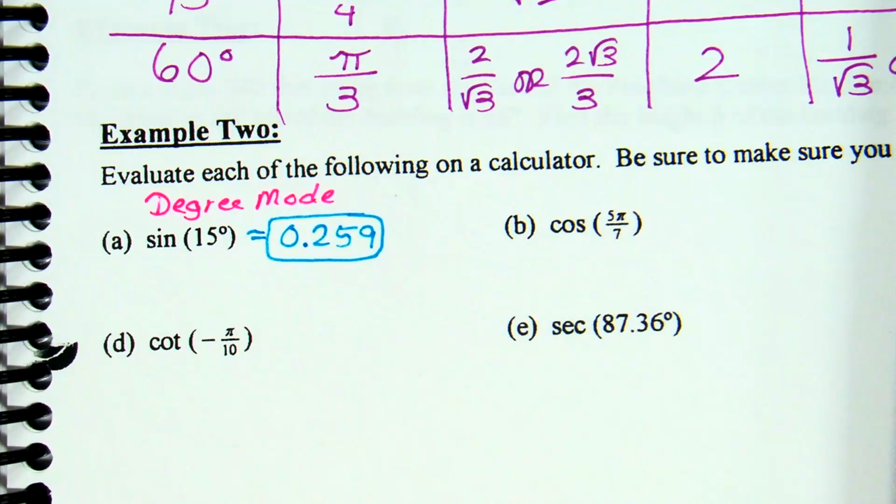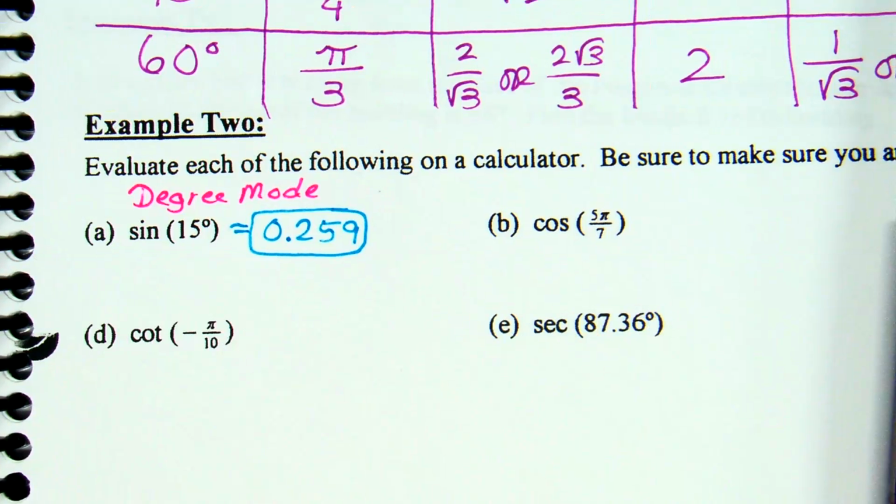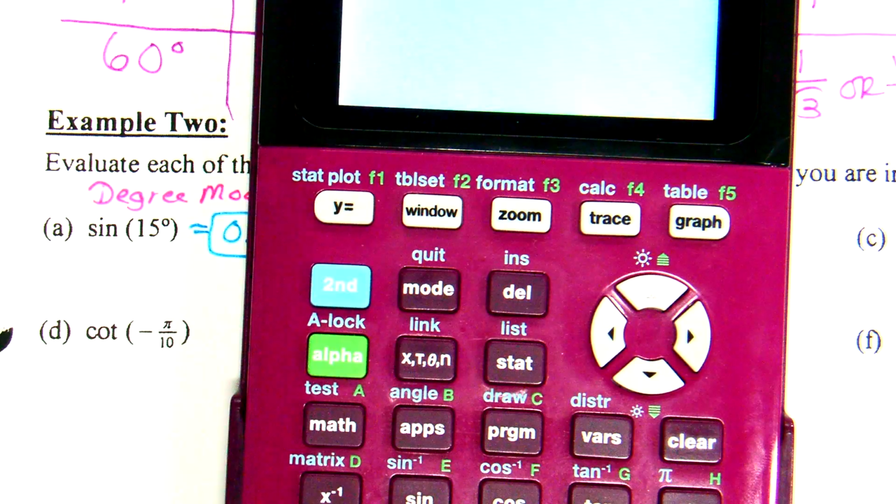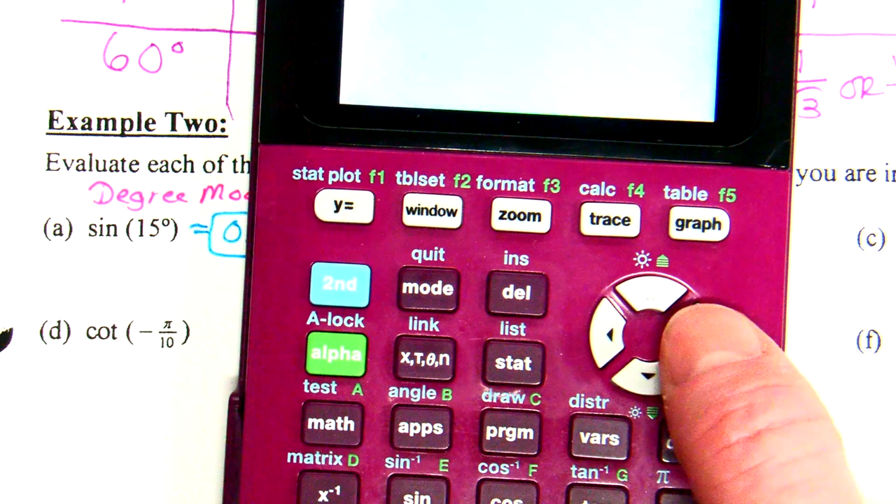Okay, you ready to try B? Cosine of 5 pi over 7. If you happen to be watching me, the first thing I'm doing is I'm going in and changing my mode. You could either enter it with a fraction bar or just with a division sign there.